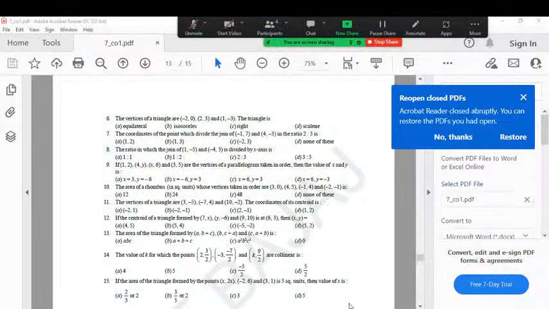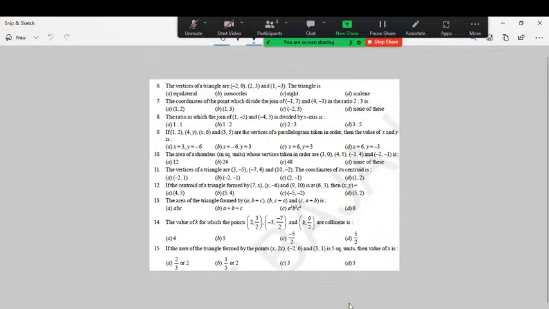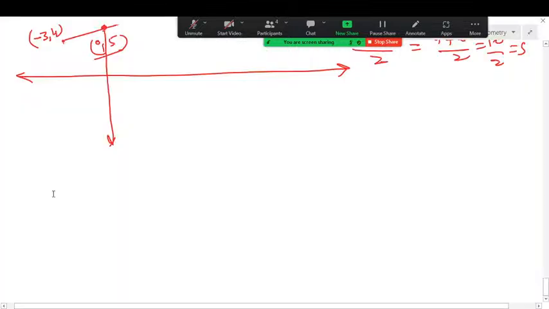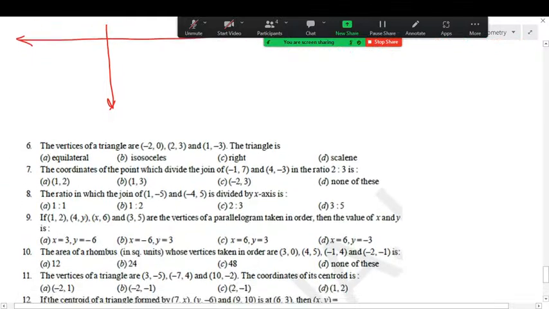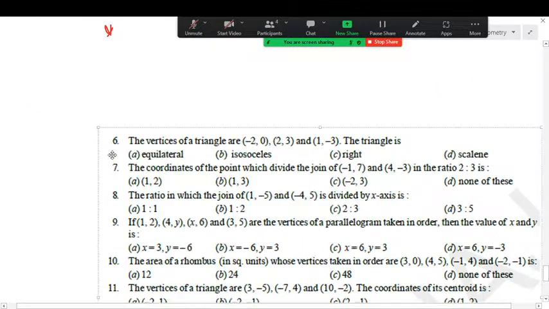I have already explained in the previous class how you can find the sectional point, and the questions that I'm presenting also apply the section formula. Take a screenshot of this.